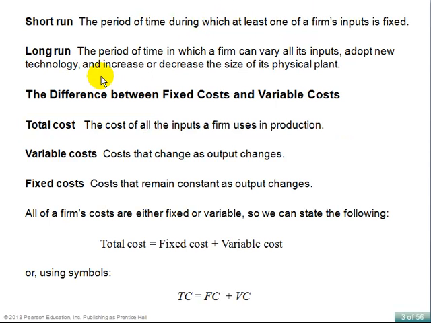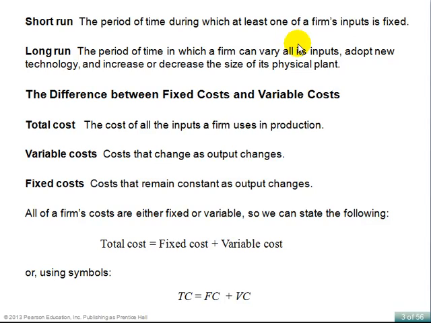The short run is a time frame in which the quantity of some resources, we also call them inputs, are fixed. In particular, in the short run, the firm's technology and the size of its physical plants, its factory, store, or offices are fixed, while the number of workers the firm hires is variable.